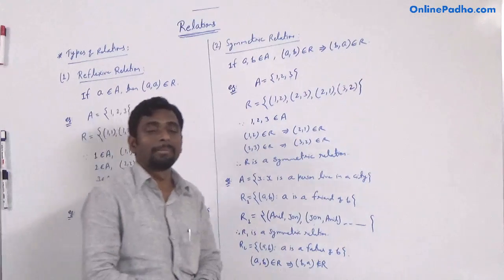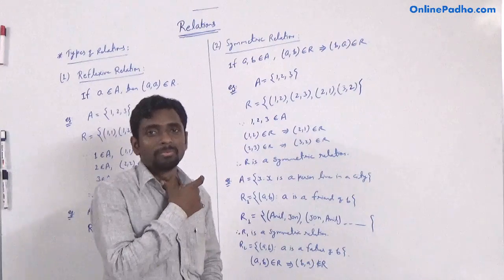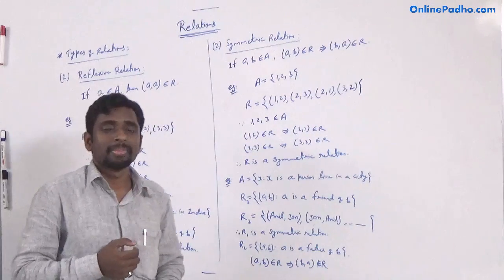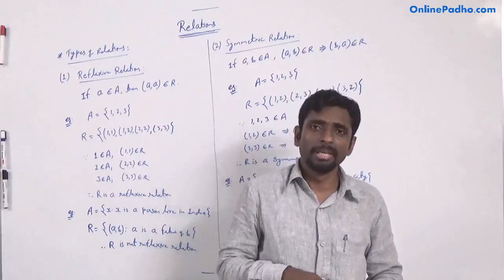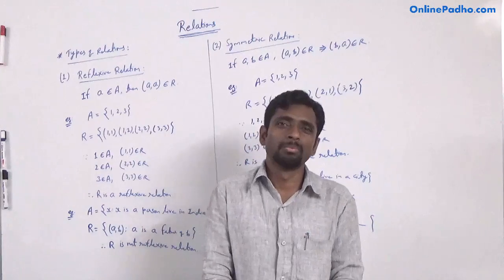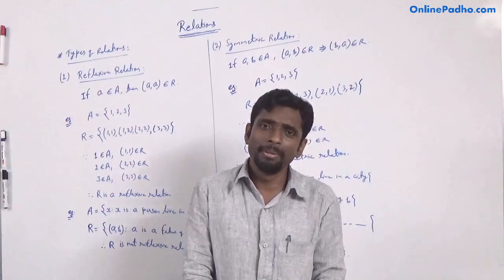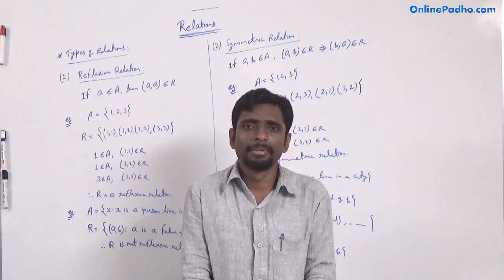We can take any example for this. We can take a mathematical example also. A relation R with ordered pair (A, B) such that A plus B equals 2, where A, B both belong to the natural numbers. Yes, this is a symmetric relation.